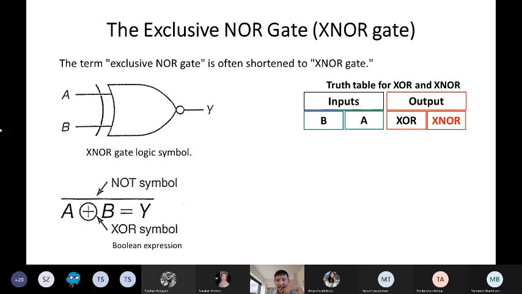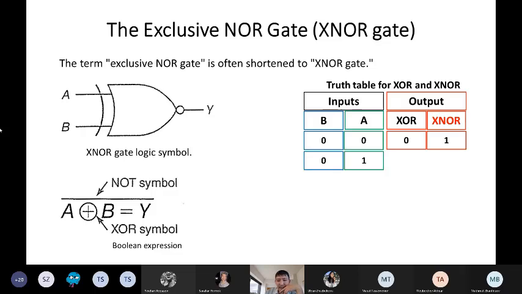So B, A, and for the comparison I've also put the XOR gate here. Let's consider A, B equal 0, 0. What is XOR? 0, and XNOR will be 1, because it will invert the output. Next one, 1, 0: XOR we already talked about, it's 1, but then we should invert it, so XNOR will be 0.